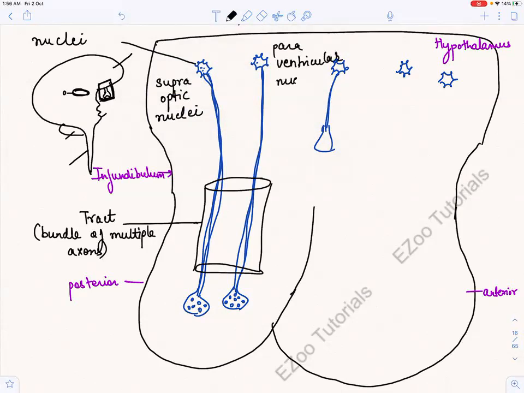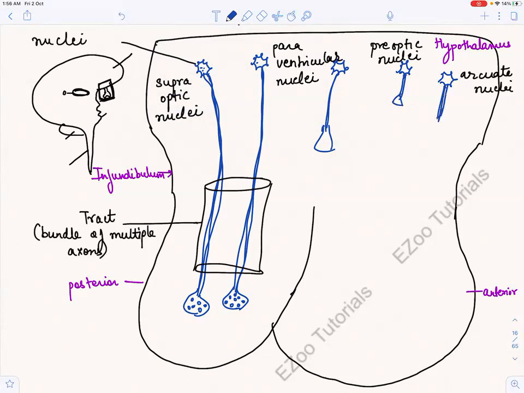We'll see what they are doing and what kind of hormones they are secreting. And this is the preoptic nuclei, and this is the arcuate nuclei, right? And we'll draw the axons.